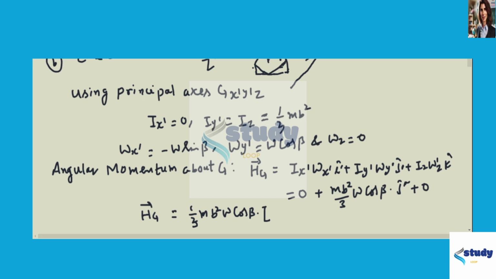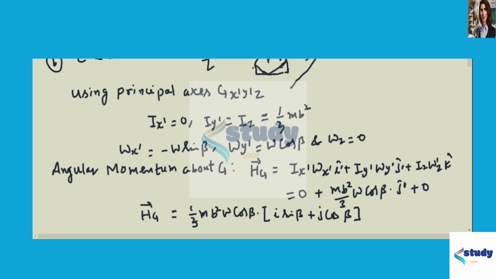Let me correct it. j' can be written as i sine of beta plus j cos of beta. You are resolving it.